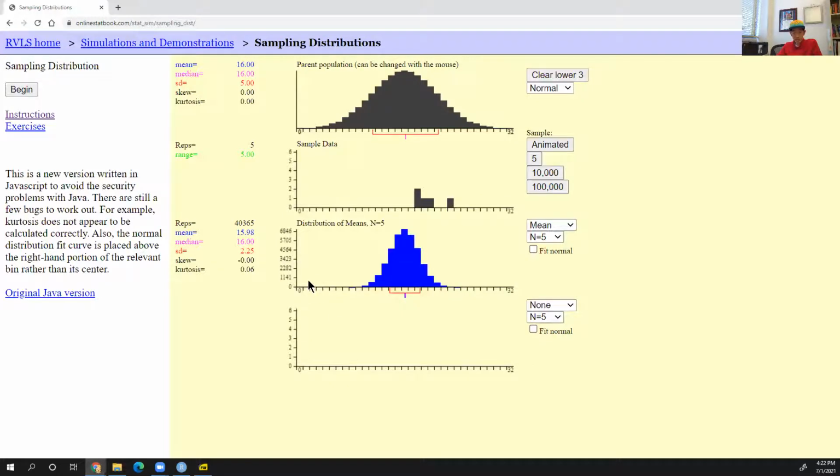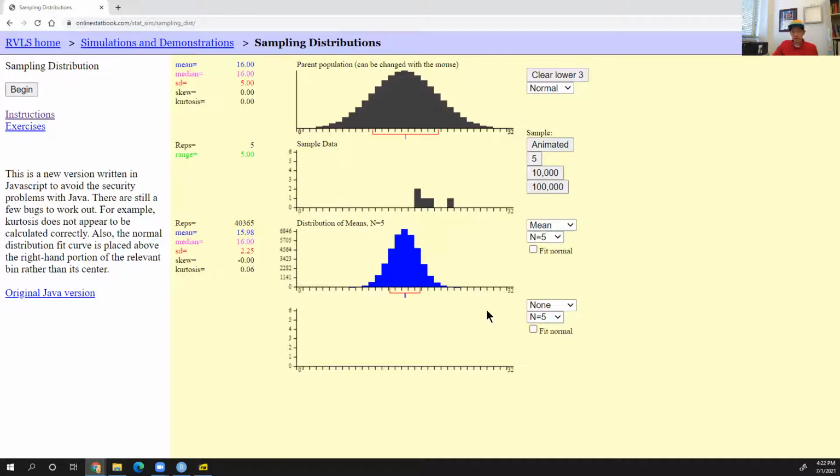And it looks like never do we get a sample where the mean is like 3, or a sample where the mean is like 25. We might have gotten 16, 17, 18, 19, 20, 21, and maybe the highest we get is a sample where the mean is like 22, but that seems to be a pretty rare occurrence.